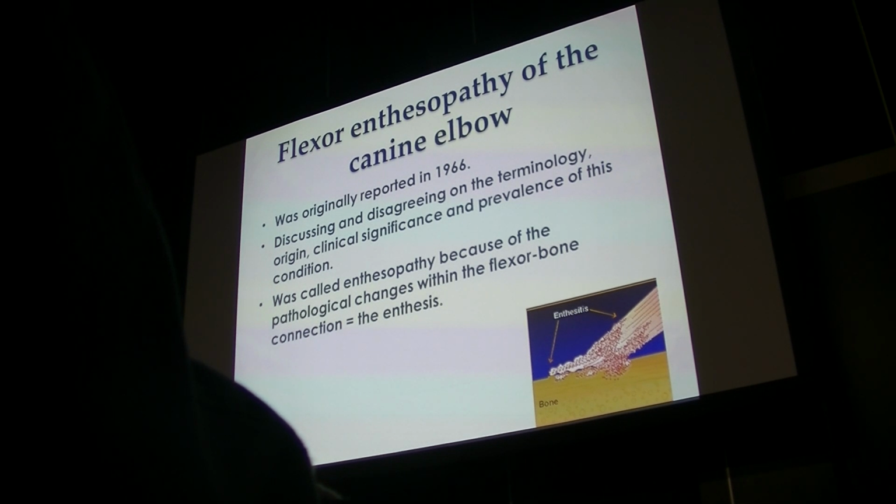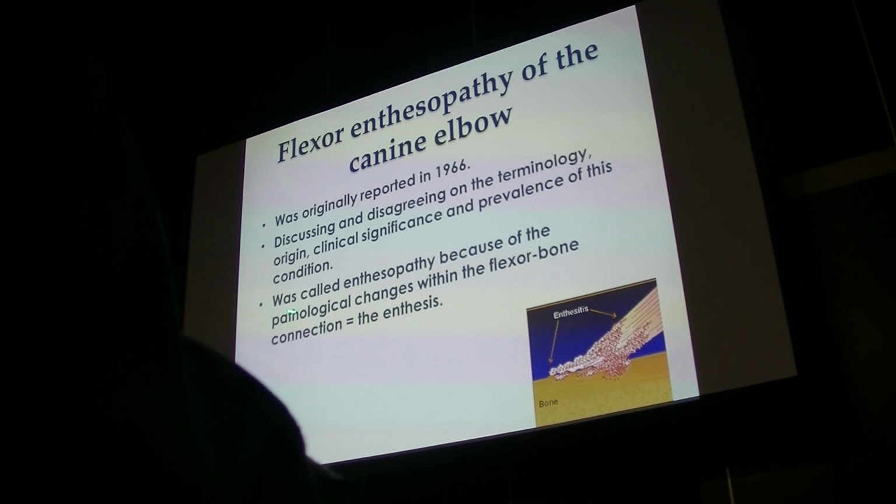It's a term copied from human medicine because they see affections at the level of the attachments of the flexor, on the medial side as well, due to stress in golfers. The lateral enthesopathy is tennis elbow in humans. The medial, it's not that common, is golfer's elbow. So it's quite similar to what we see here.